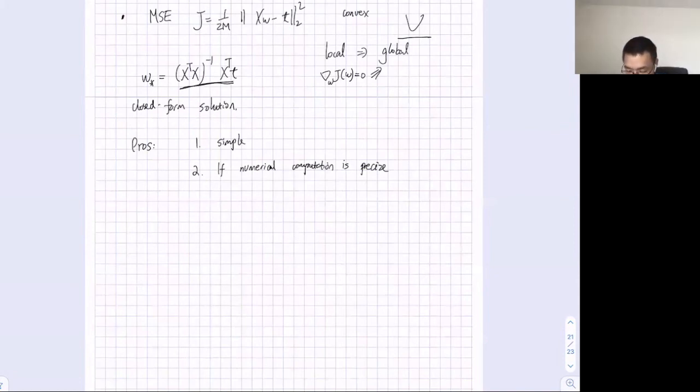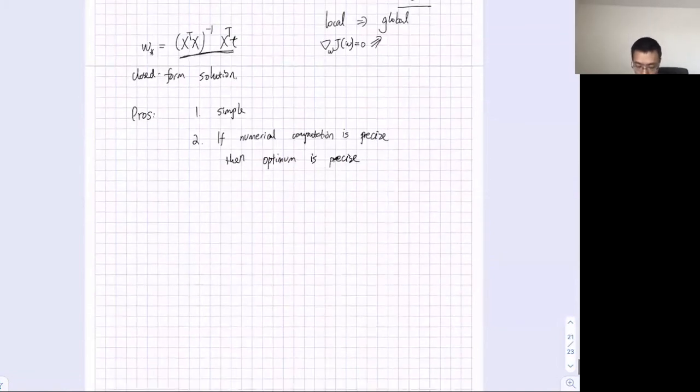So if the numerical computation like the inverse is precise, then the optimum is precise. Okay, so this is different from, for example, a gradient-based approach. You are walking around and you see where it's best, so you may not settle at the precise optimum. Maybe you are just around it.